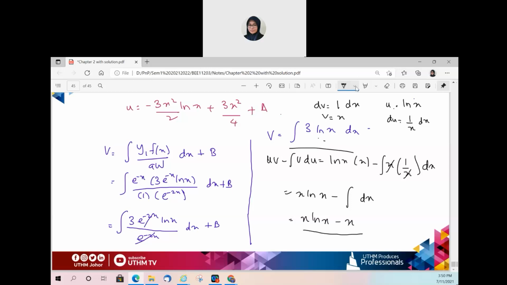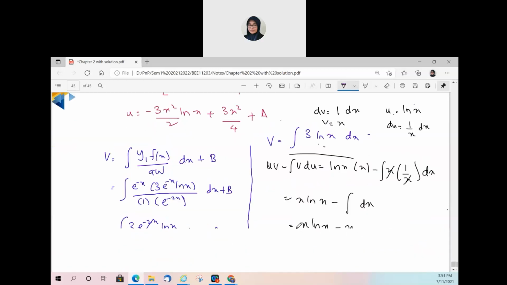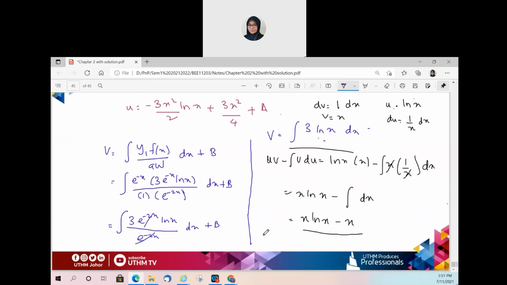Then your v will be 3(x ln x minus x) plus b, or equals 3x ln x minus 3x plus b.